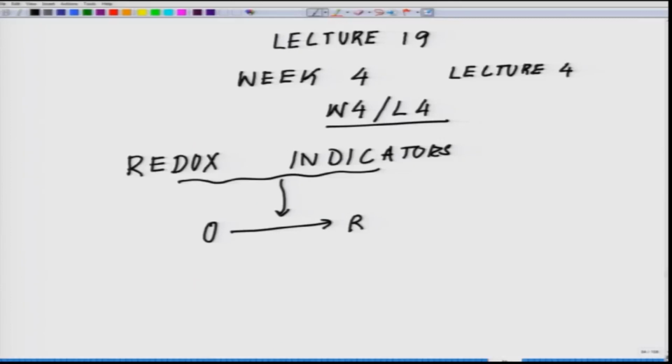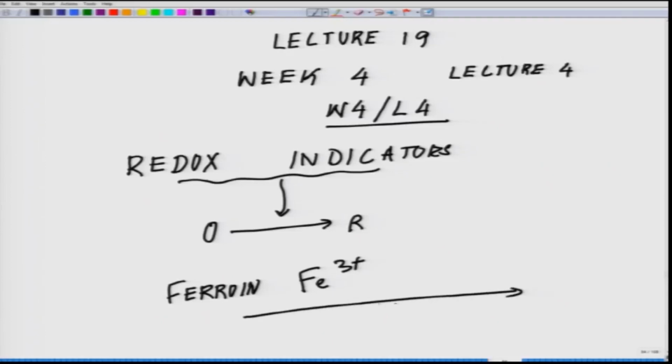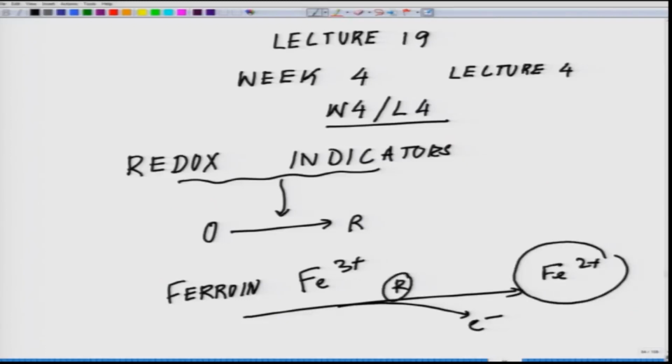As soon as it gets reduced, it changes to red. So, in other words, what is happening in ferroin is that iron, which was in Fe3 plus state, gains an electron and becomes Fe2 plus, and because of that reduction reaction, this is red in color, whereas Fe3 plus is pale blue or almost colorless.